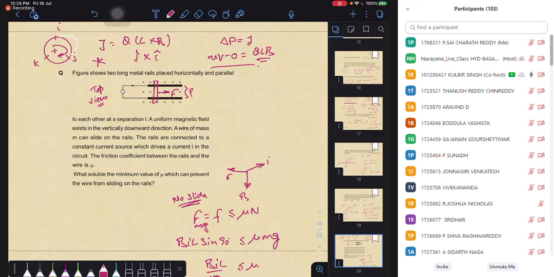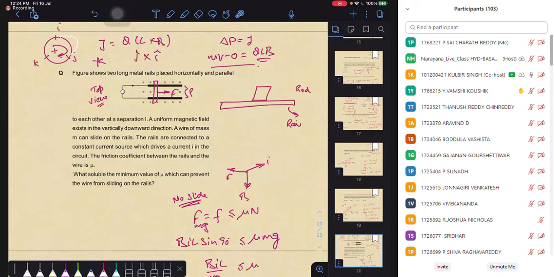So the rail is there. In which direction is your current coming? We are watching from this side, so the current is coming out, toward the person. So it will appear as a dot. The current appears as a dot.